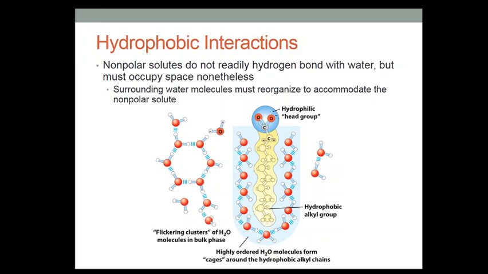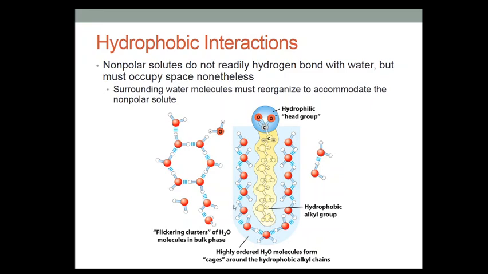I already told you that normally a polar molecule, a polar solute, is going to compensate for the entropic penalty of disrupting hydrogen bonding by forming new solute-water hydrogen bonds that are more favorable that offset this. Here, you don't have any solute-water hydrogen bonds, but you still have the entropic penalty.